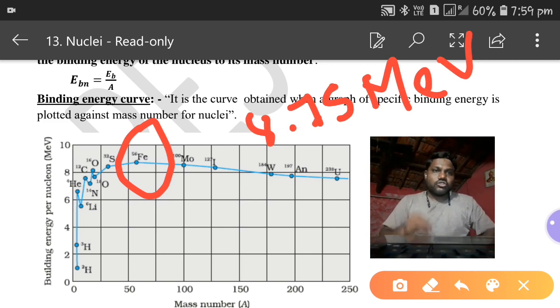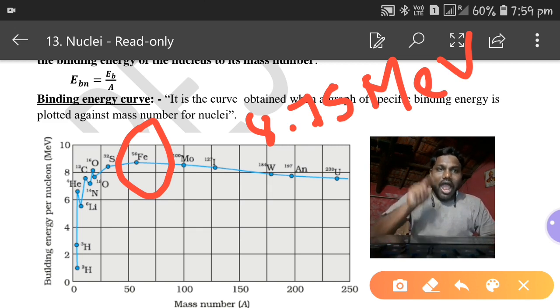So the specific binding energy of iron is about 8.75 MeV, and iron has the highest specific binding energy. That means amongst all the elements, iron is highly stable in nature.